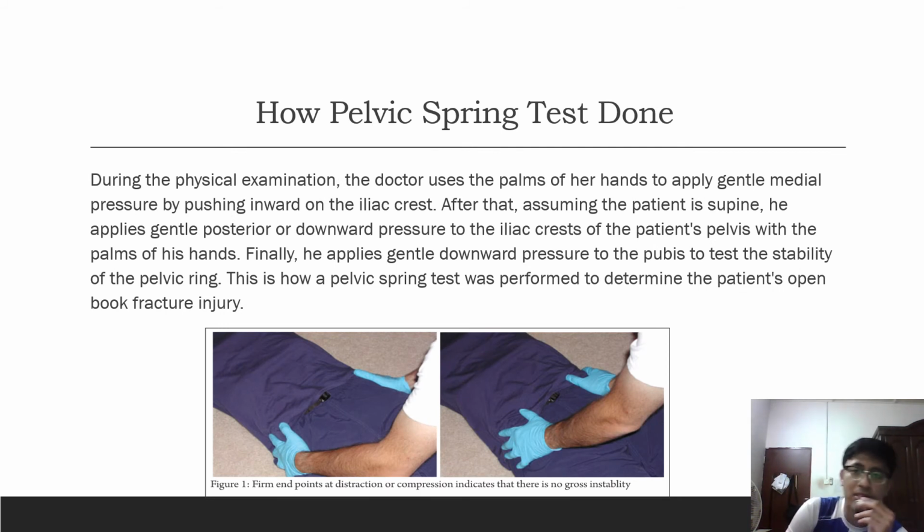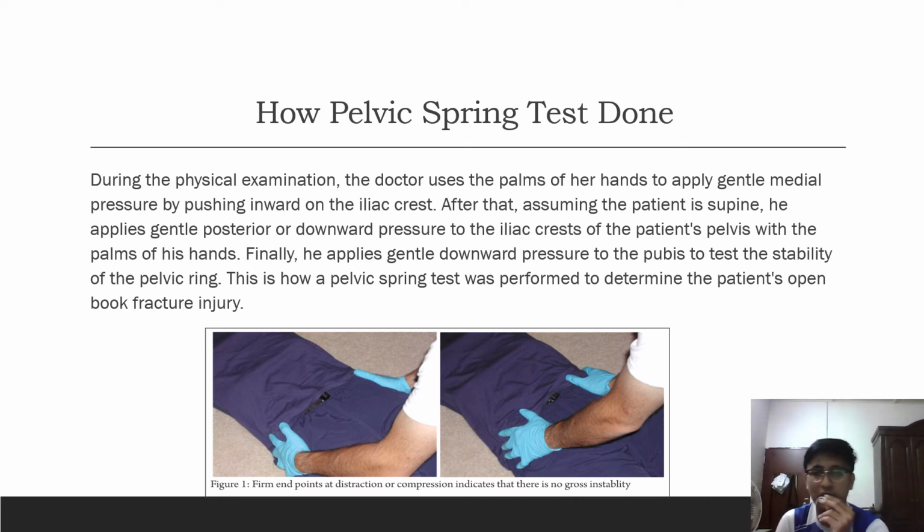How is the pelvic spring test done? During the physical examination, the doctor used the palms of her hands to apply gentle medial pressure by pushing inward on the iliac crest. We can see in the left picture the pressure by pushing inward on the iliac crest.